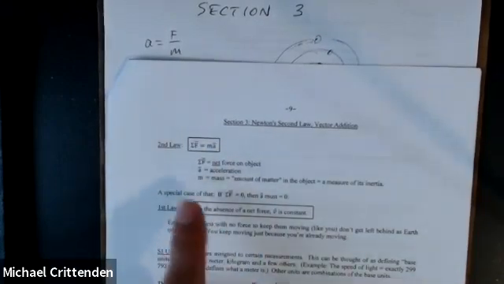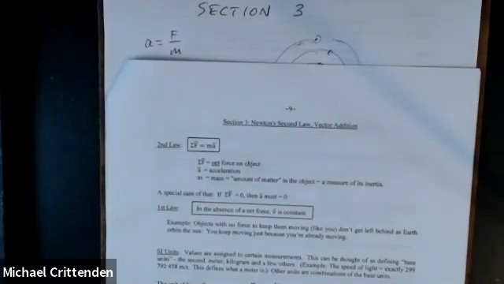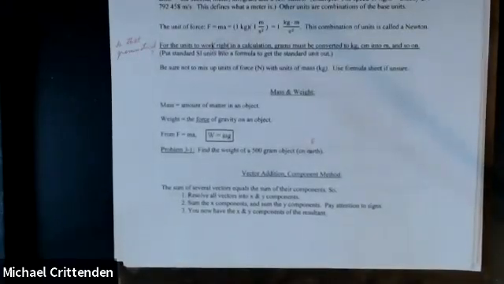So, forces being vectors, you have to be able to do vector addition. One way to find the resultant of a bunch of vectors is with the head to tail method on a scale drawing.